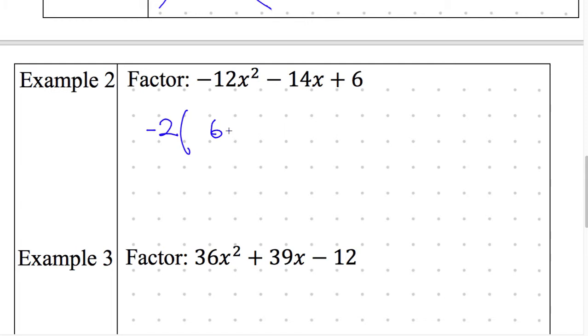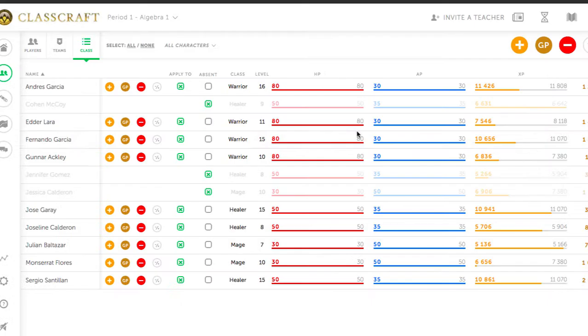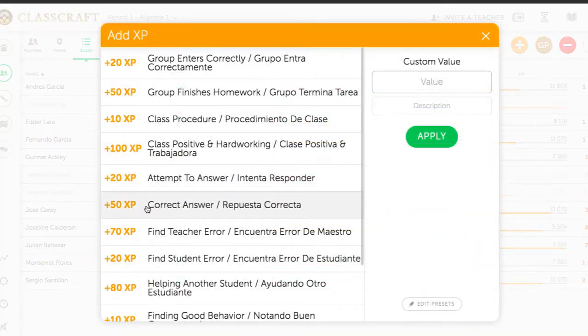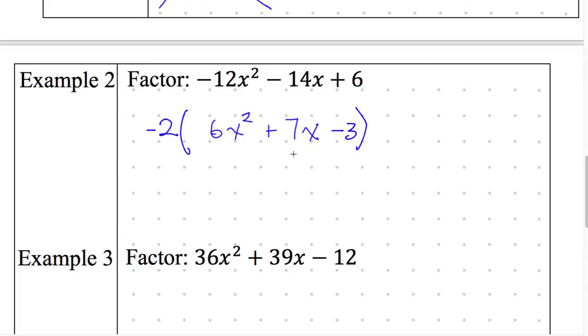Plus 7x. Plus -3. Yeah, there it is. Thank you, Fernando. More XP, more XP. And we are now ready to do a ninja star.